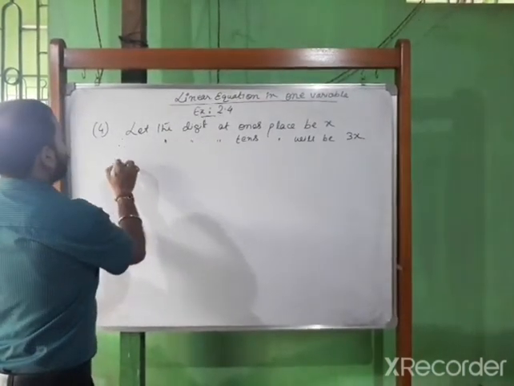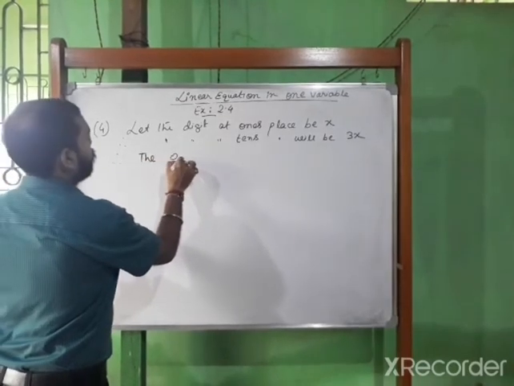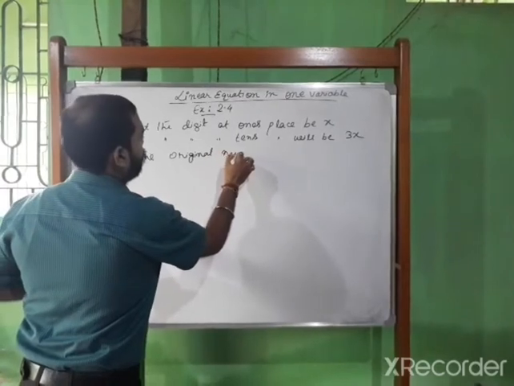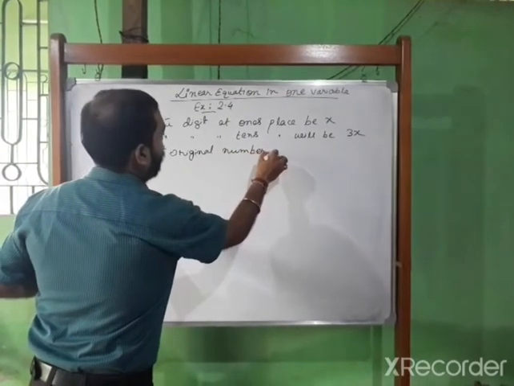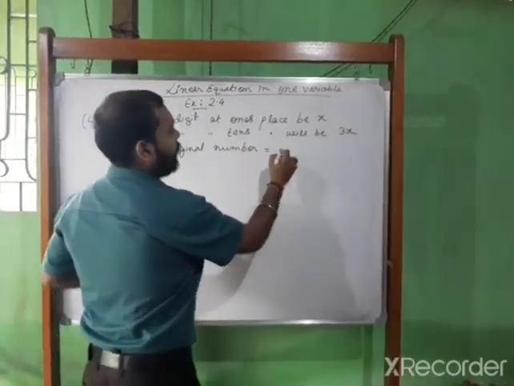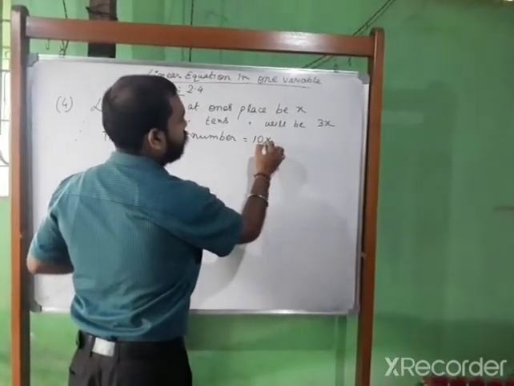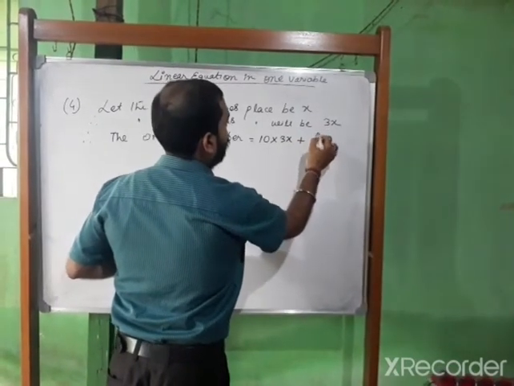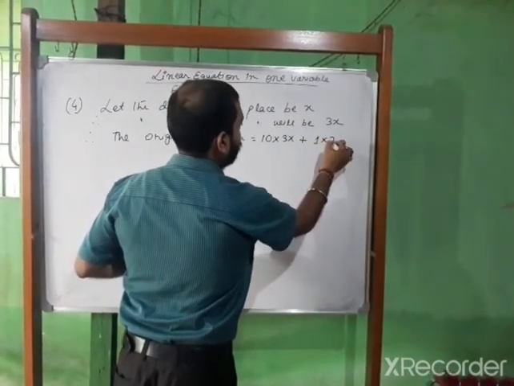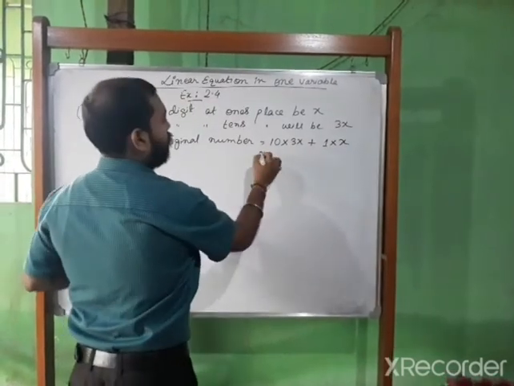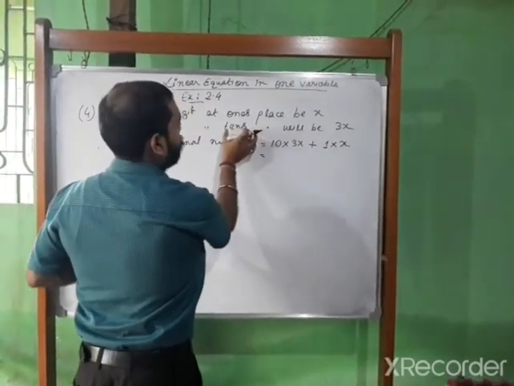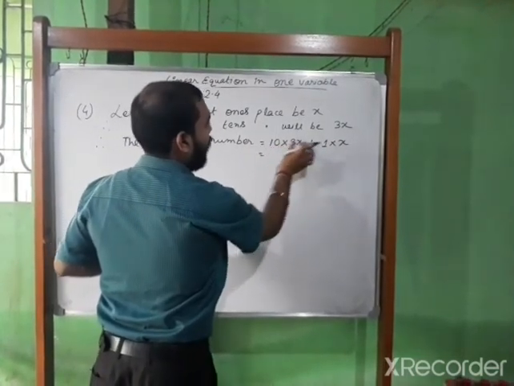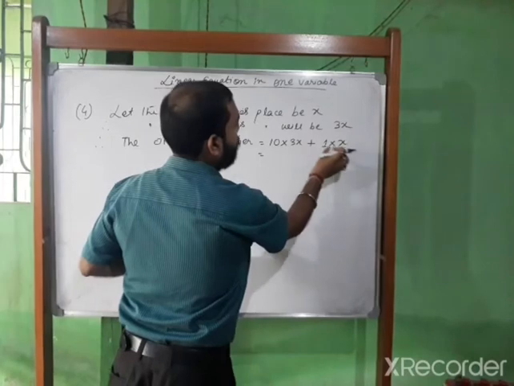So the original number is equal to 10 into 3x plus 1 into x, as all of you know, since the digit in the tens place should be multiplied with 10 and the digit in the unit place should be multiplied with 1.